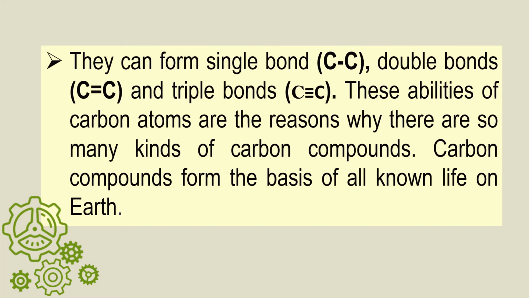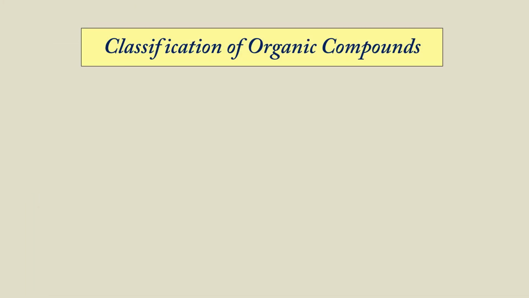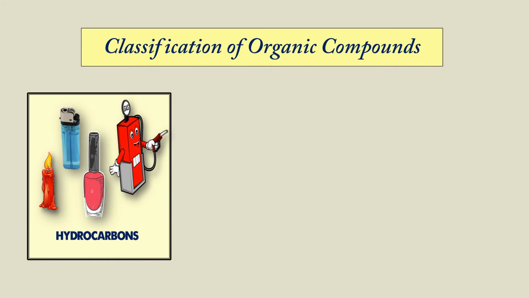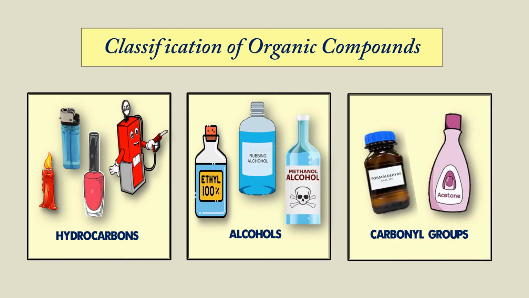These abilities of carbon atoms are the reasons why there are so many kinds of carbon compounds. Carbon compounds form the basis of all known life on Earth. Organic compounds may be classified as hydrocarbons, alcohols, and carbonyls.